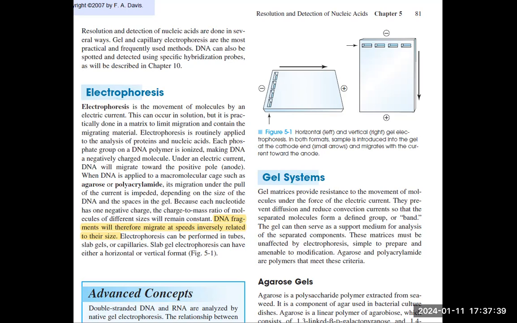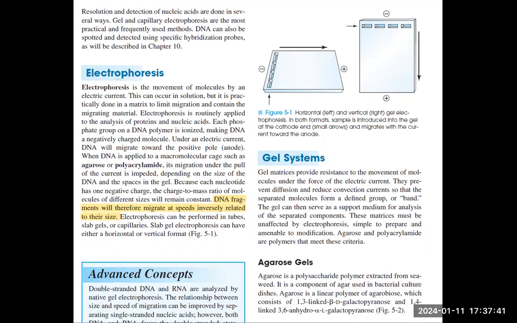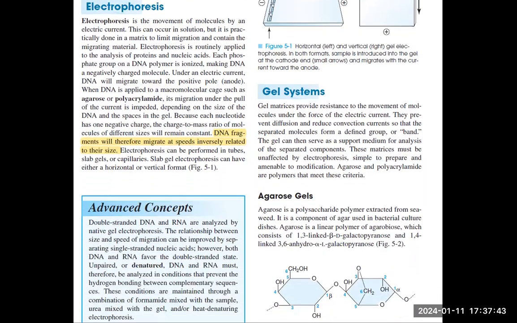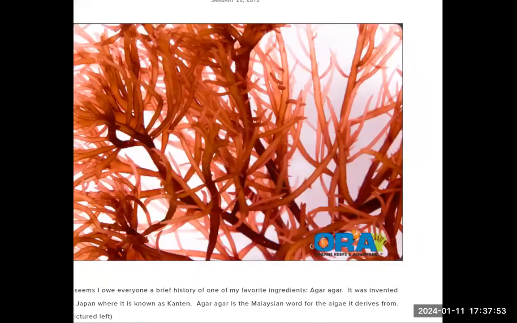So let's talk about agarose. What are agarose gels? Agarose, guys, does not come directly as agarose. It came from the red seaweed, the red kelps. These red kelps are the sources of our agarose.